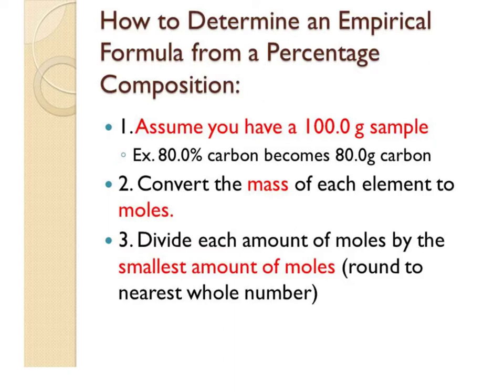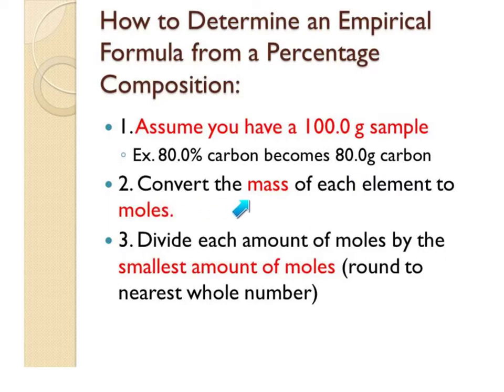Okay, there are some steps that we follow to figure out the empirical formula from a percent composition. First thing is that you automatically assume that you have a 100 gram sample. We use 100 because it's just easier to convert things and to do calculations when it's a nice round number. So for example, if something tells you that it's 80% carbon, that 80% becomes 80 grams of carbon.